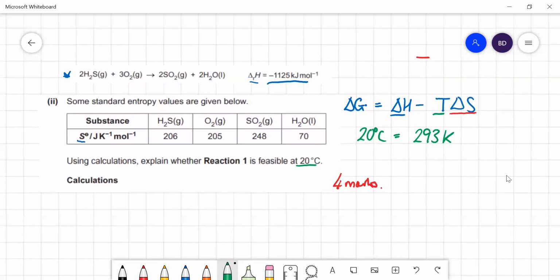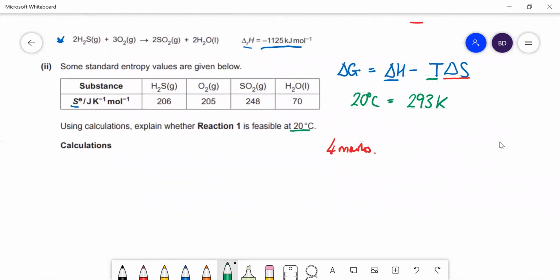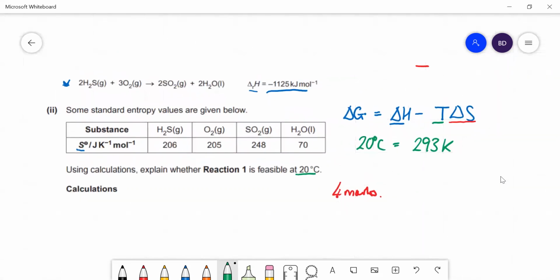Right, I will write the values in above this equation, I think. So how do we work out the entropy change? So delta S, we do the sum of the S of the products minus the sum of the entropy of the reactants.